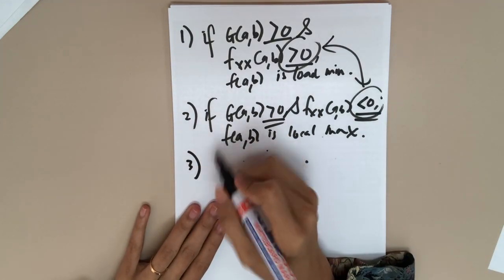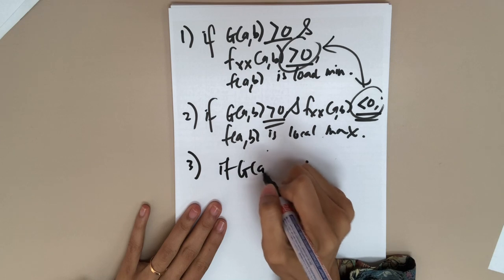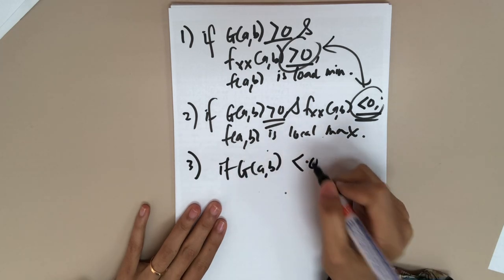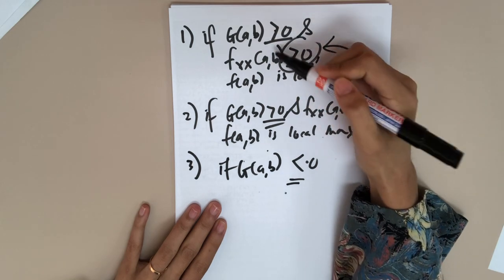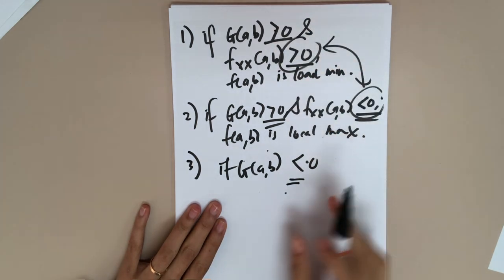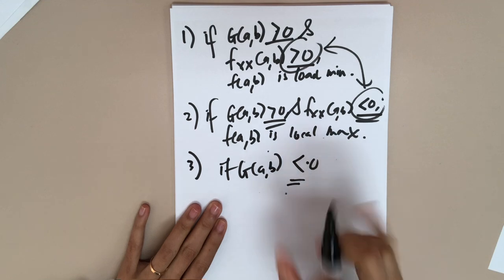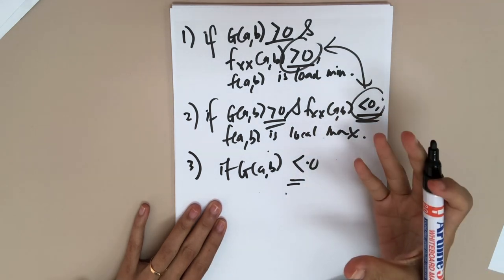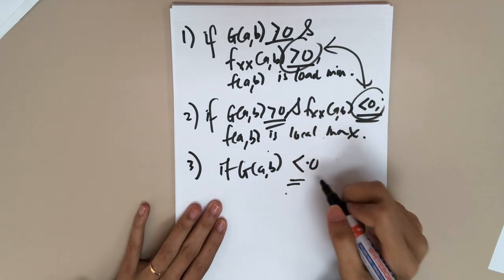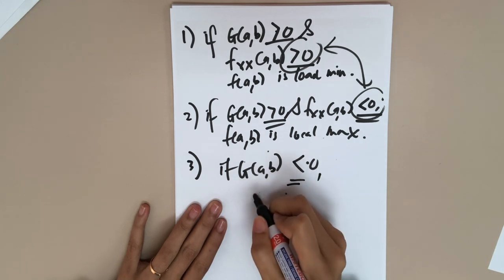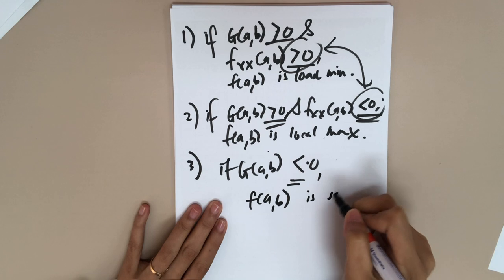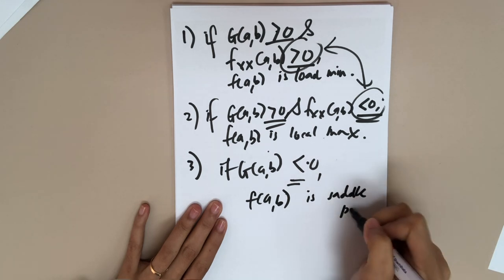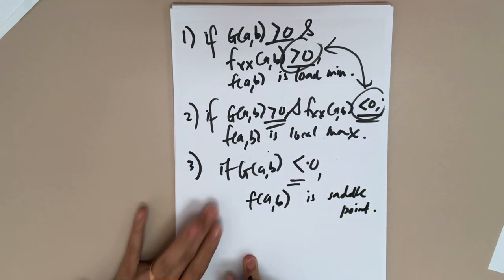Condition number 3: if G(a,b) is less than 0. Just now for conditions 1 and 2 both were greater. If G(a,b) is already less than 0, you no need to calculate fxx, so you can just jump to the conclusion that f(a,b) is a saddle point.